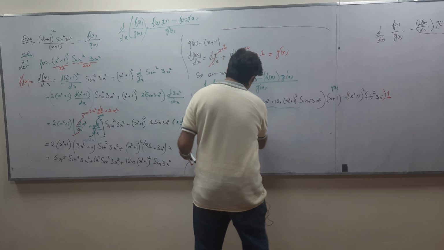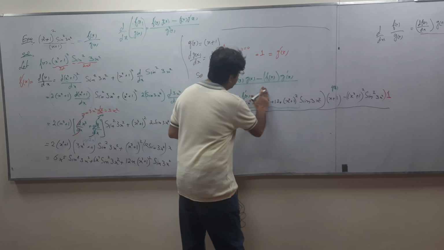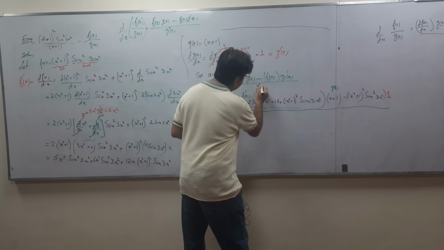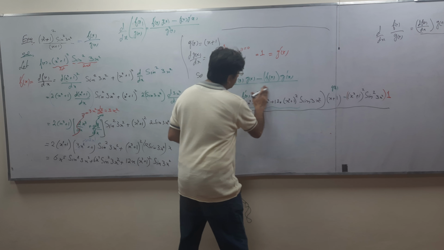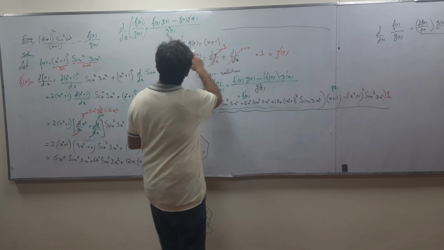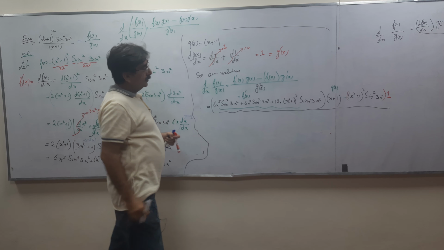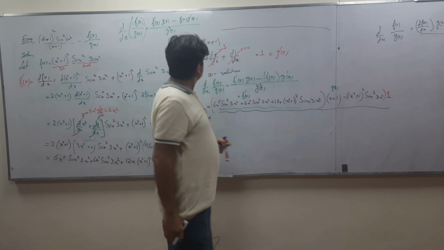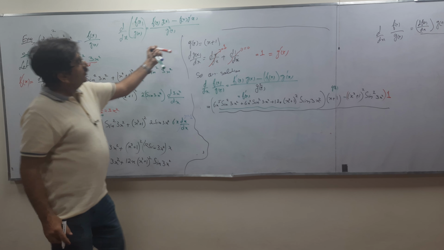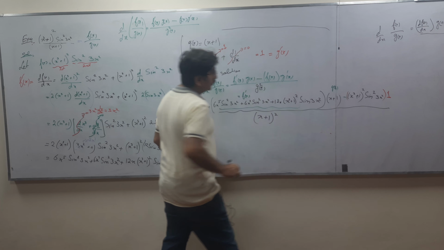Divided by gx square, gx is x plus 1, so gx square is x plus 1 square. So this will be your result.